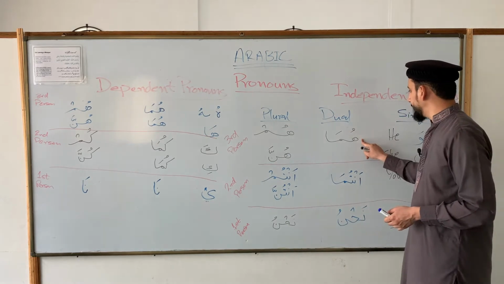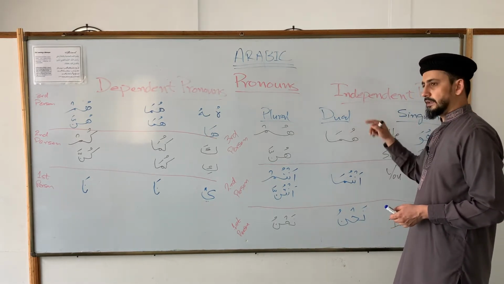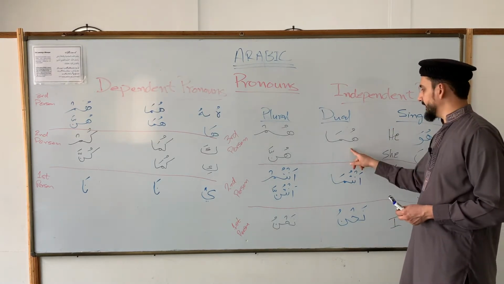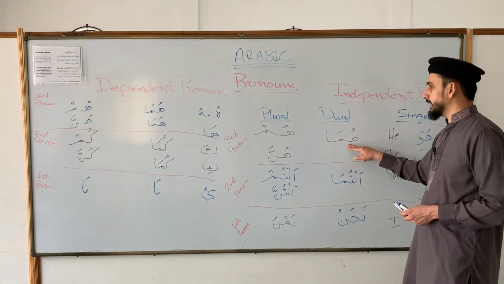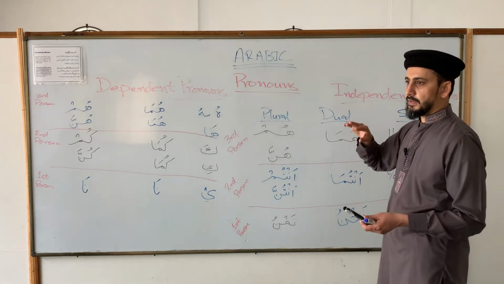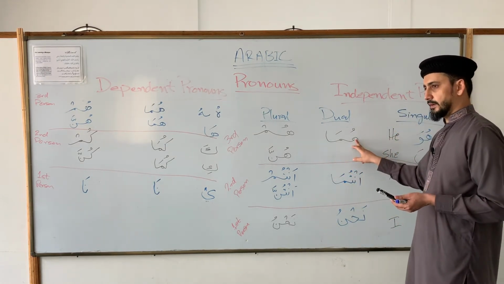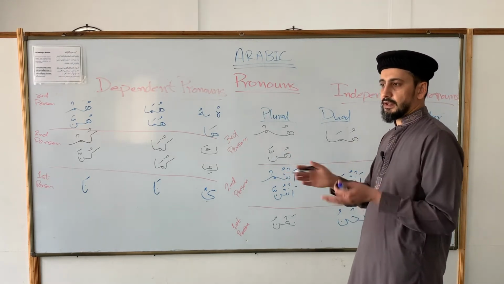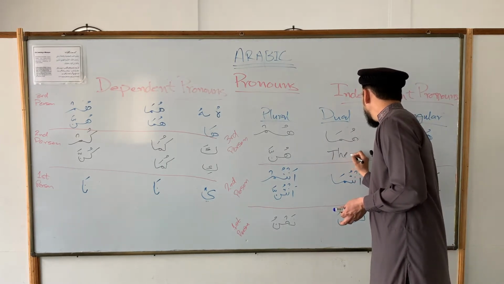So huma is for two persons. Huma means those two. In the dual, it is the same for masculine and feminine. There's no difference. Just like in English, they is used for male and female. Same, huma is used for male and female.